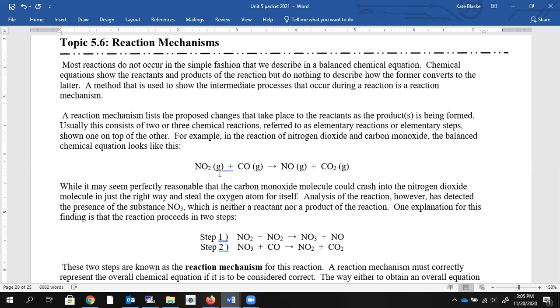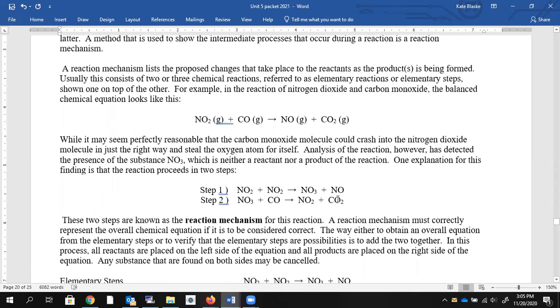This does not happen because instead of that nitrogen just giving up its oxygen to the carbon monoxide to form the carbon dioxide, we can analyze this reaction and notice that nitrogen trioxide, NO3, is being formed. So we have a proposed mechanism. Lots of times we say proposed because we're not always sure exactly what happens, but this is our best guess based on the data we can collect.